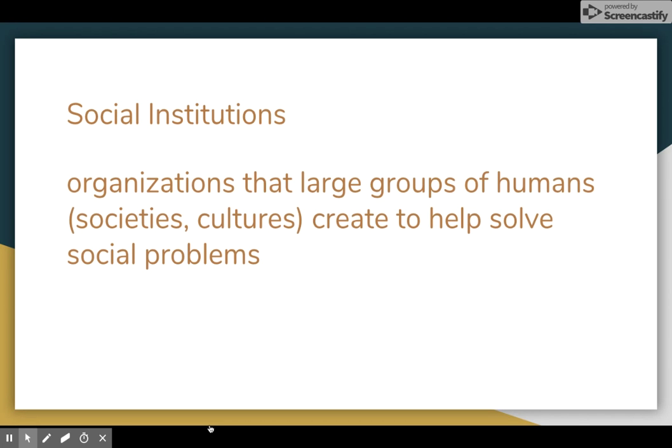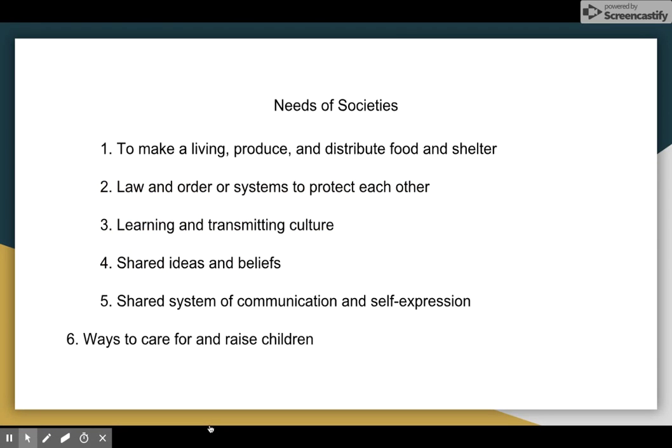So social institutions are organizations that large groups of humans create to help solve social problems. So these are the social problems, right? You need to have some sort of system so that everyone's not chaotic and everywhere. You need a system to learn. You need to share your beliefs and ideas and a way to communicate with each other. So these are the list of needs.